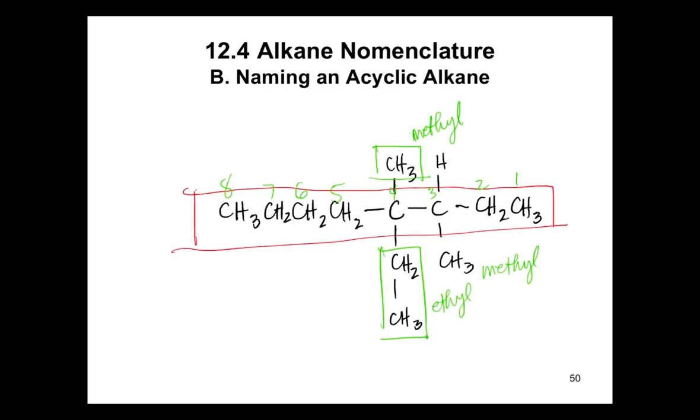Okay? Always remember na kung nasa magkaibang side sila, hindi sila pwedeng pagsamahin in terms of name. Wag pagsamahin ng hindi dapat pagsamahin. Okay? So, ano ba yung name ng parent chain? It would be octane kasi 8 carbon atom chain. And then, for the substituents, dahil marami sila, alphabetical.